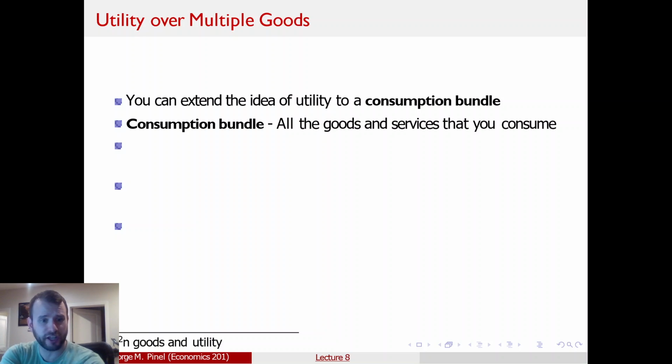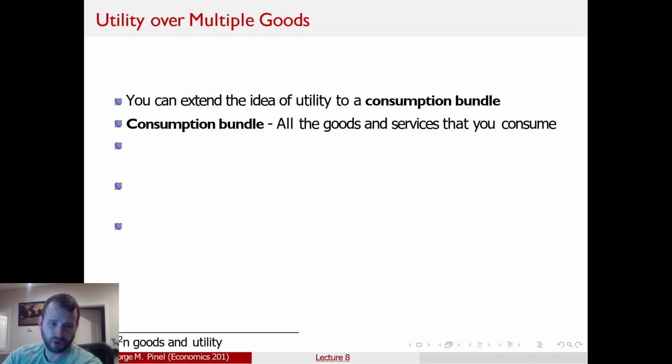Or you could represent it in multiple dimensions. You can say, I ate 6 mozzarella sticks and 3 slices of pizza and 2 chicken fingers and a large diet soda, and then I ate a bunch of ice cream, right? That would be a consumption bundle of multiple things, each with their own individual utility, but as a whole, you can represent the bundle as having a total utility as well, okay?